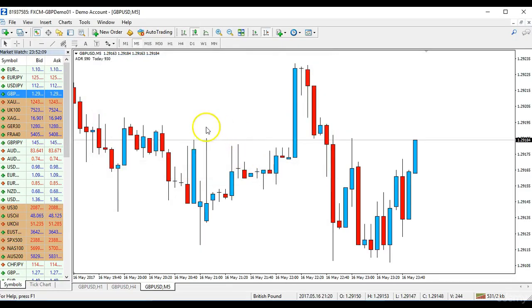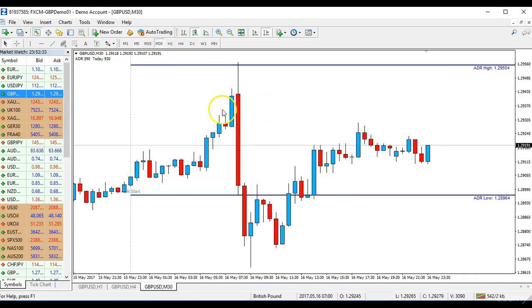This one is called an ADR indicator. What it does is work out what the daily range was for the past 5 days, and it tells you what you should expect for today. So, for example, the ADR was 59 points, and today it's showing 93 points.